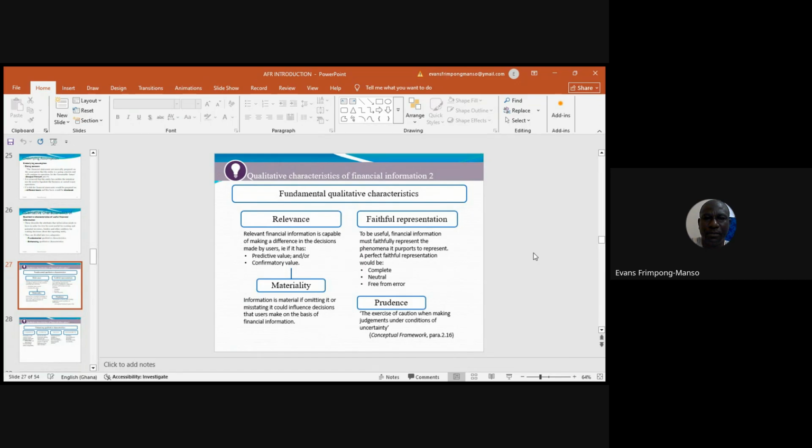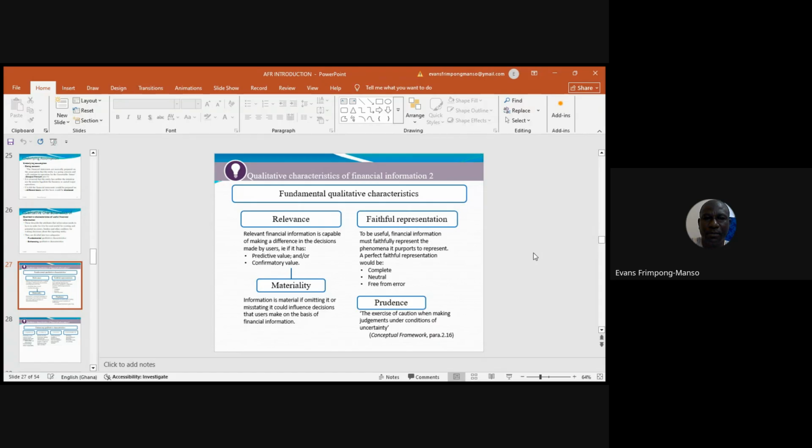If you look at the slides before you, you see the fundamental qualitative characteristics. They are the first two. The materiality and prudence emanate from relevance and faithful representation. So they are not separate qualitative characteristics.